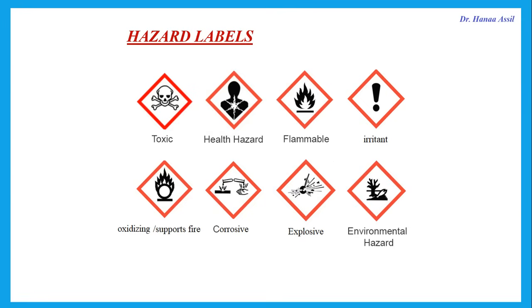Now, we should be familiar with the hazard labels. You should know the meaning of each of these hazard labels. Something that is a health hazard or flammable or toxic or oxidizing or corrosive, environmental hazards. All of these labels we should be familiar with.